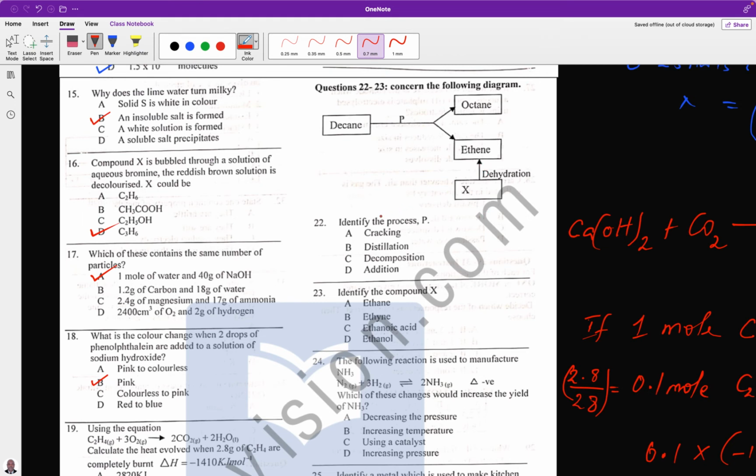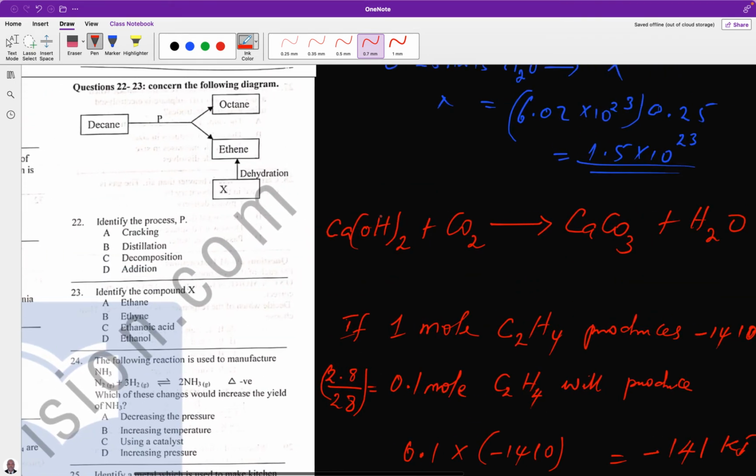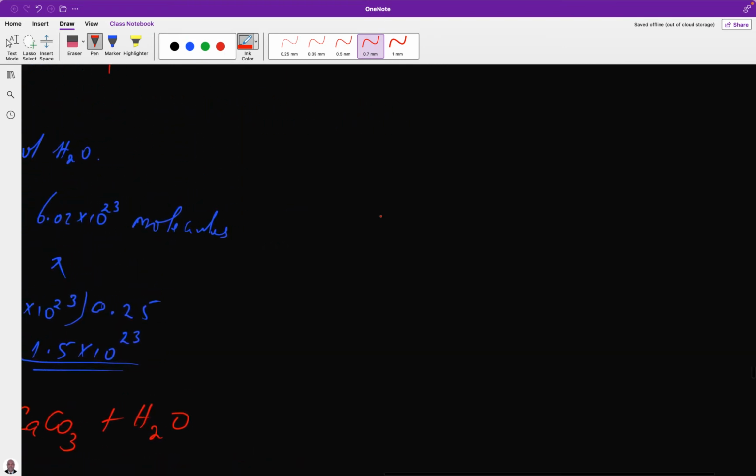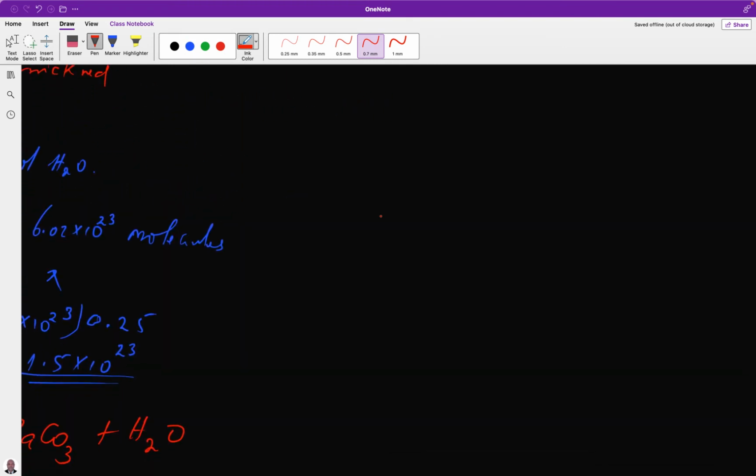Identify the process P. You should know that in this type of reaction, decane is C10H22, because it is an alkane.